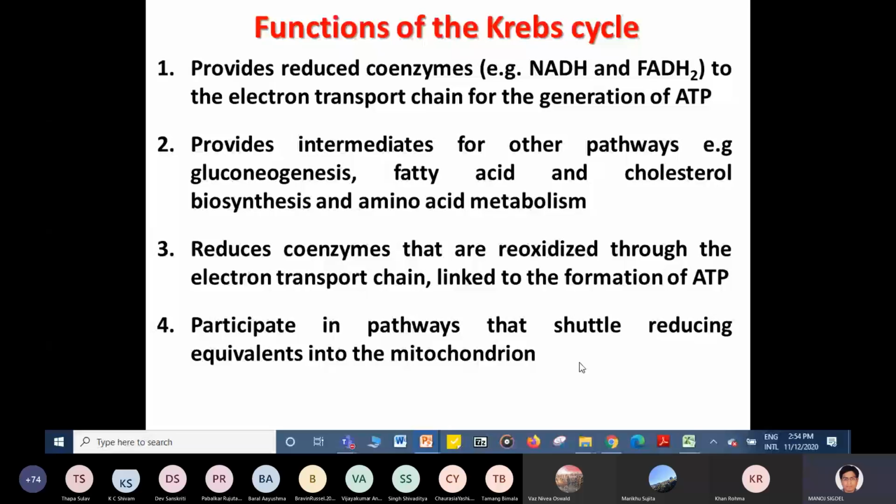That means participating in pathways that shuttle reducing equivalents into the mitochondria. Here the reducing equivalent is NADH, which is produced in glycolysis. That will be shuttled to the mitochondria.